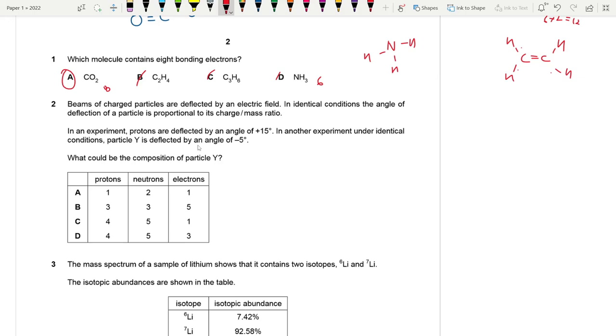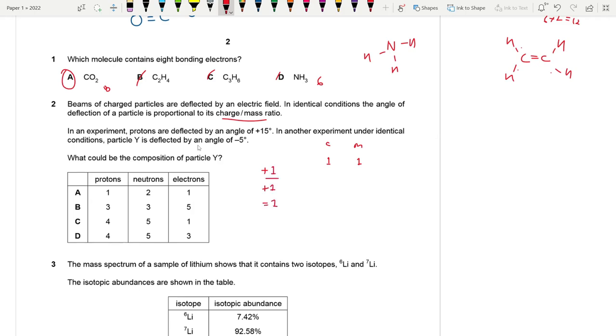Check this. Protons, okay? If you think of a proton, we can consider it to have a mass of 1. It has a mass of 1 and the charge of 1 as well. So the charge by mass ratio of a proton is actually plus charge 1 divided by mass of 1.